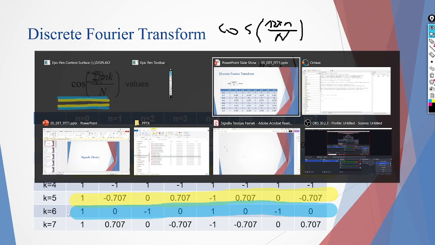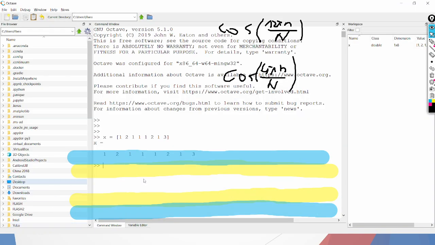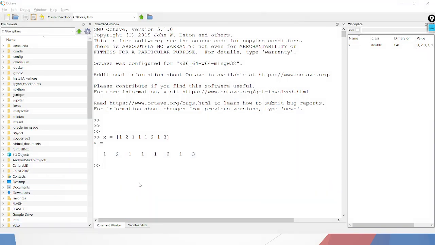So again, let me just demonstrate that in Octave. Say I want to have some time vector of one period. So that will be from 0 with a step 0.01 to 2π.